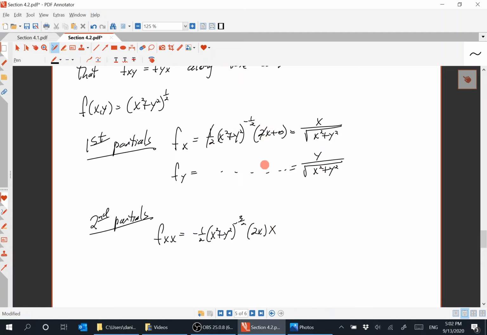You need the product rule, the derivative of the first times the second, plus the derivative of the second, which is just 1, times the first, which is x squared plus y squared to the negative 1/2 times x.